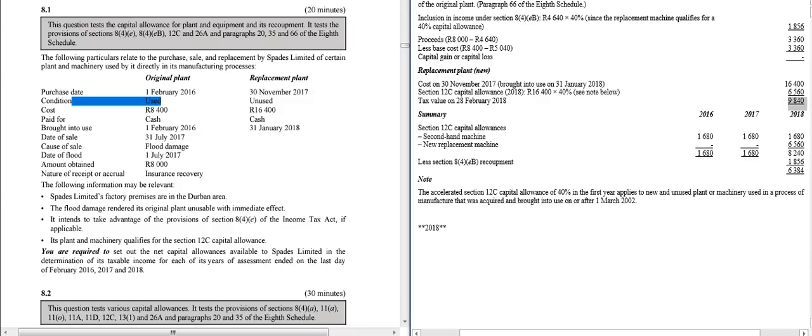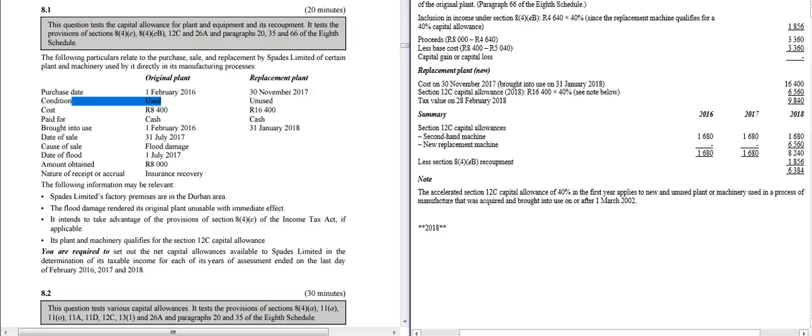Okay, so you can have a look at this summary here. It just tells you the capital allowance during each of the years of assessment. So in 2016-17 we just had the normal or the original plant which was used, so that's just 20% of the cost, so it's 1,680 Rand allowance.